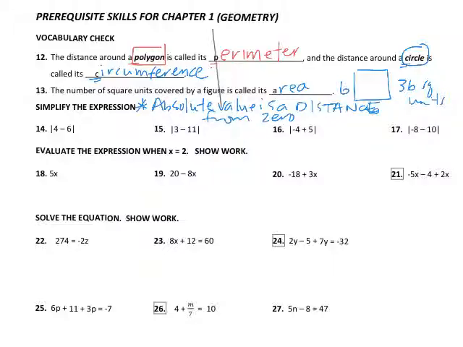Okay, so we don't have any negative numbers. Absolute value cannot be negative. So basically, if we take a look at number 14 here, 4 minus 6 is negative 2. And when I see that in the absolute value sign, the symbols there, I need to remove the negative and understand that my answer is just going to be 2.